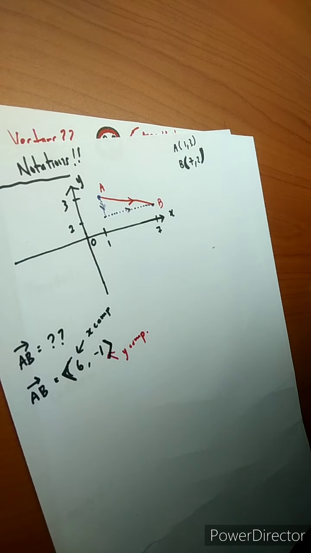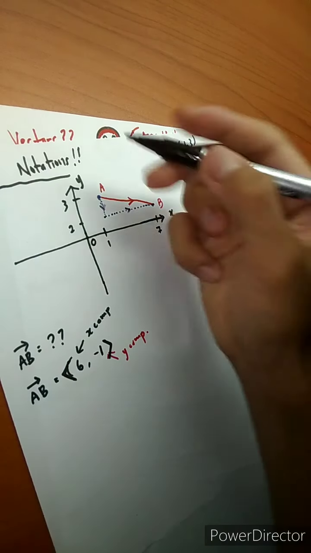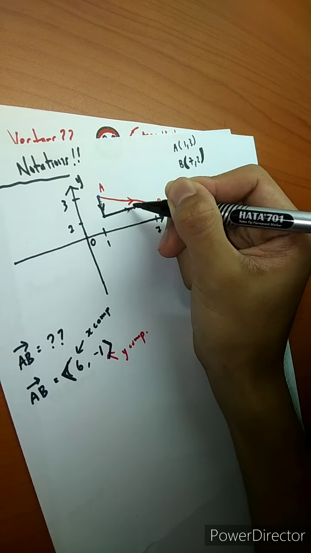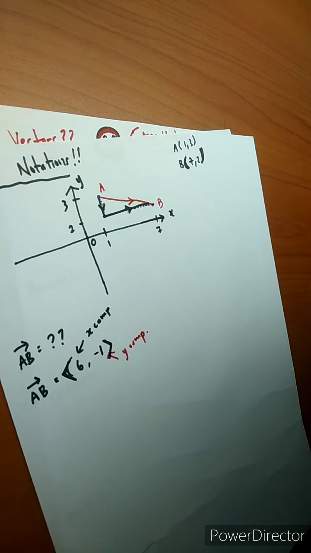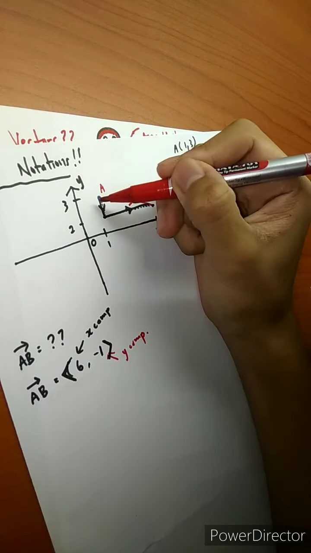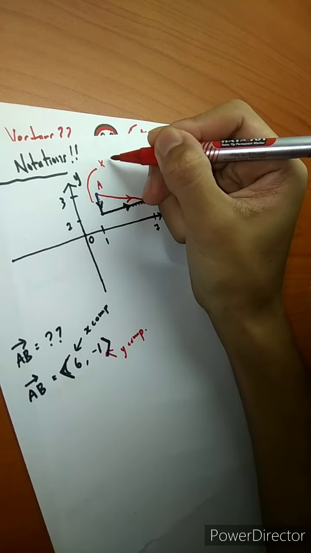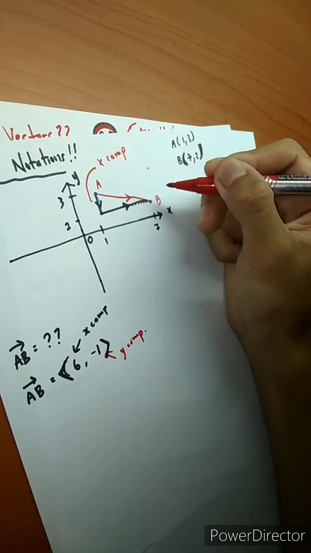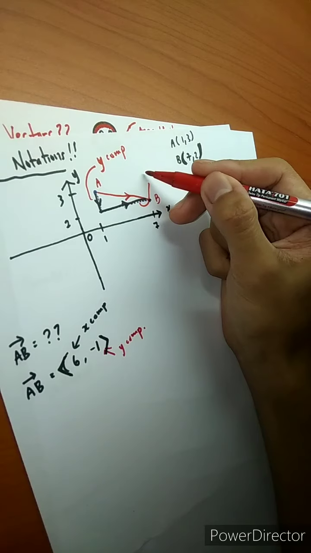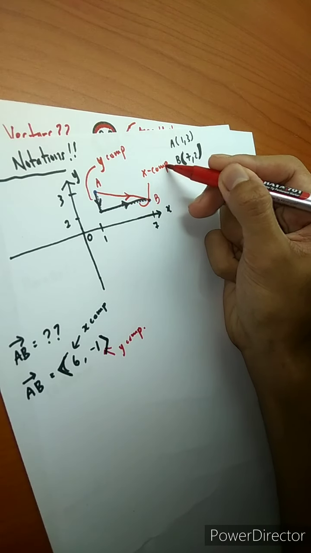So this one represents the x component, the y component, and this one represents the x component. So comp is component.